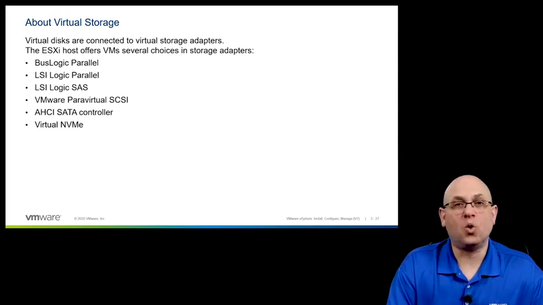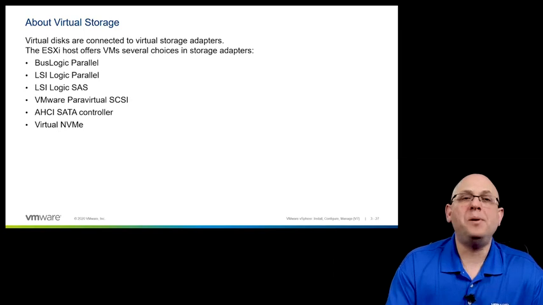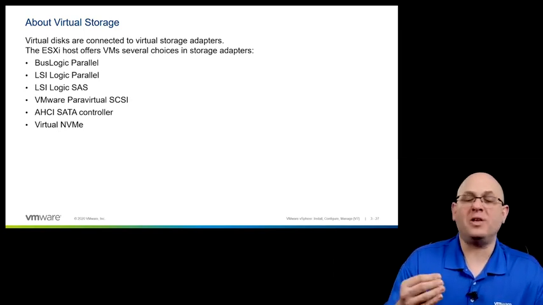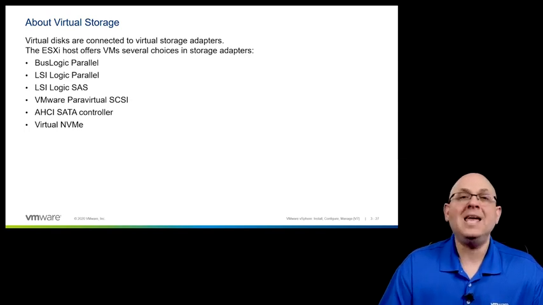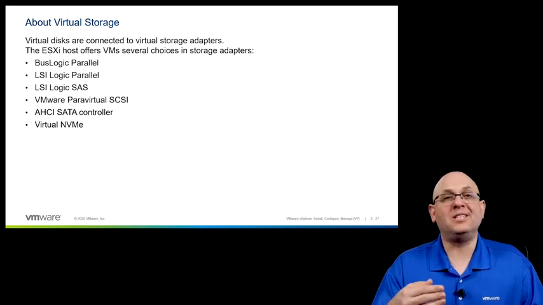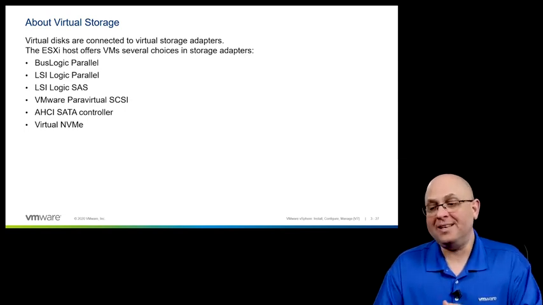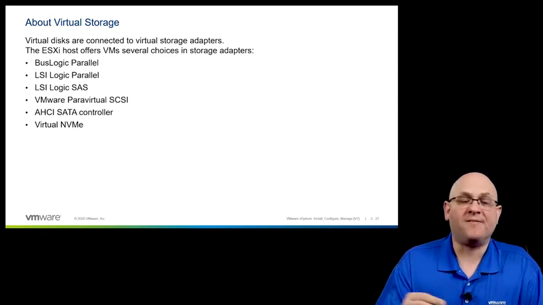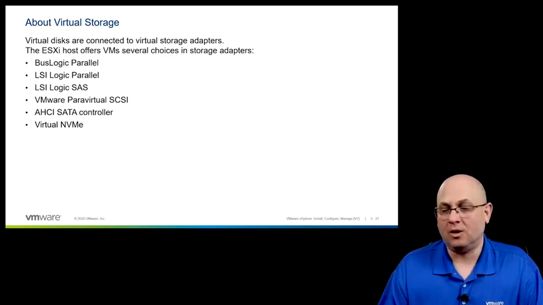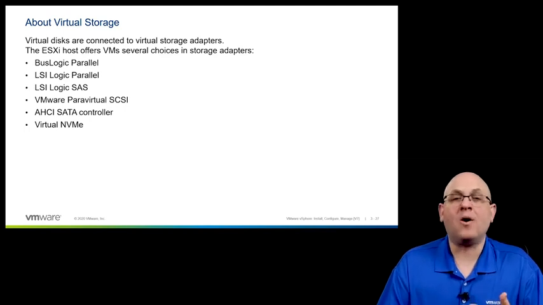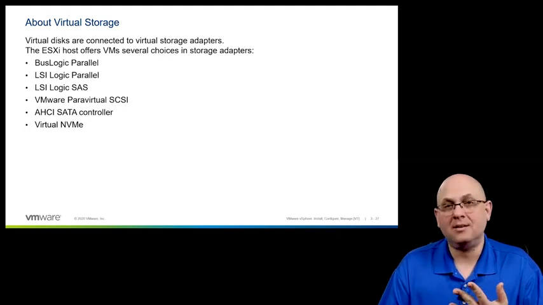That SCSI controller will be based upon the guest operating system that you choose when you build the virtual machine. ESXi knows if your operating system has a built-in driver for these first three specific types of virtual storage controllers: Bus Logic Parallel, LSI Logic Parallel, or LSI Logic SAS.